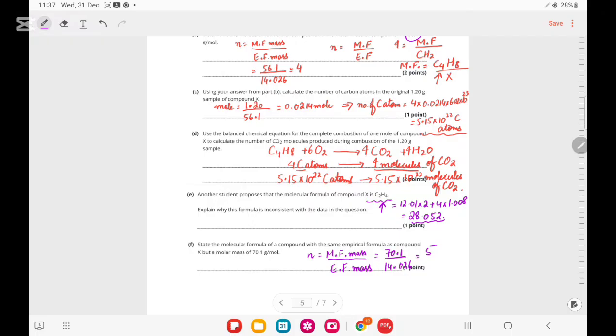And now, if we want to calculate it, the formula we are going to use is n times the empirical formula, which is CH2, and the molecular formula comes out to be C5H10.